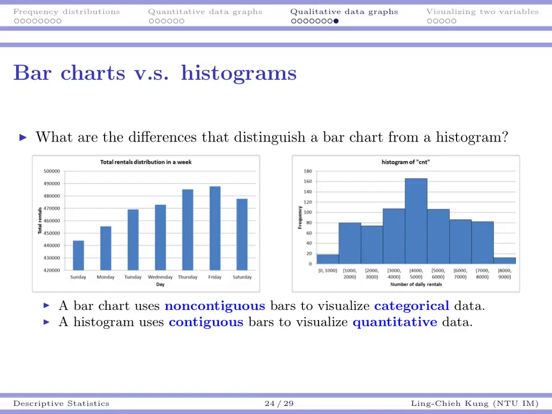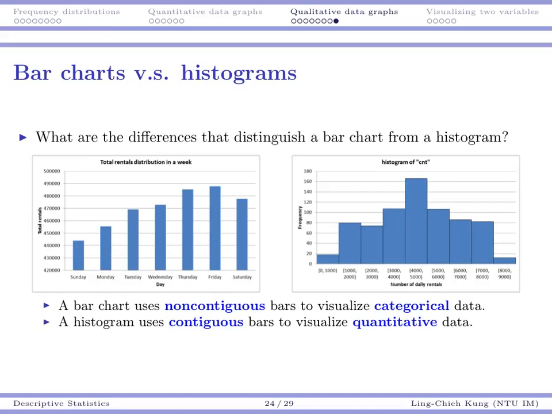So there are points being categorized into each category. But for a bar chart, the data itself is originally categorical. We simply have 7 categories, and then we group them and draw them one by one.